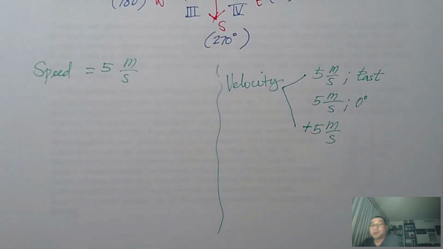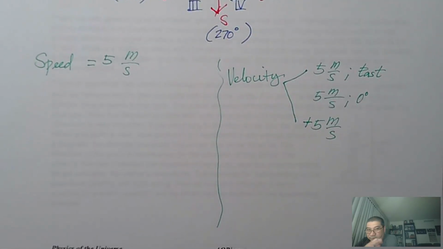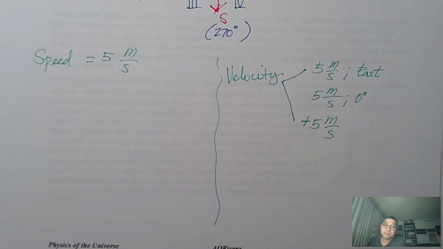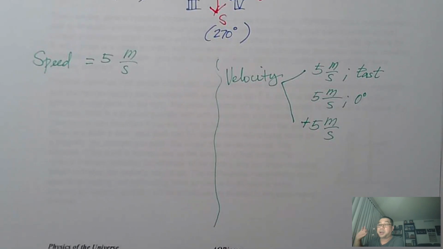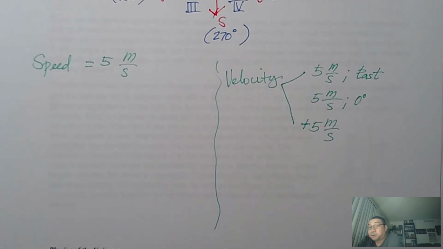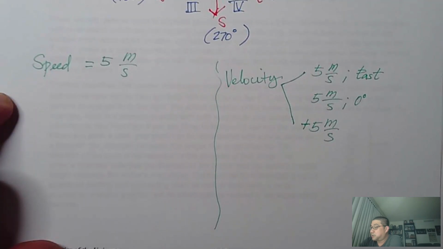So velocity is basically the speed with direction. So if you're moving forward, if we don't talk about the direction, then that's just the speed. If we're saying 5 meters per second backwards, then we're going in the opposite direction. So therefore, that is considered the velocity.